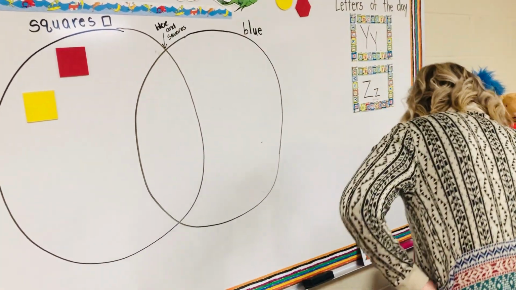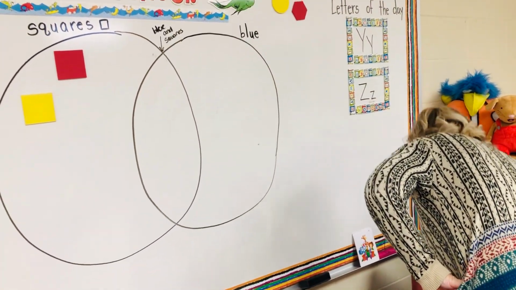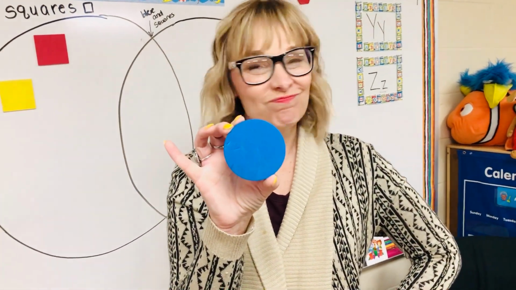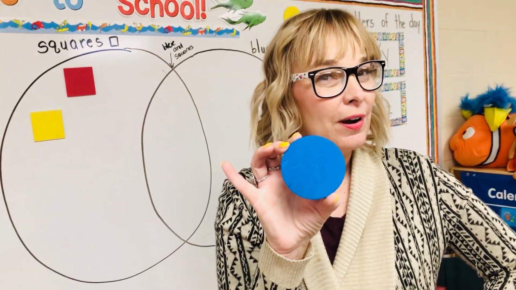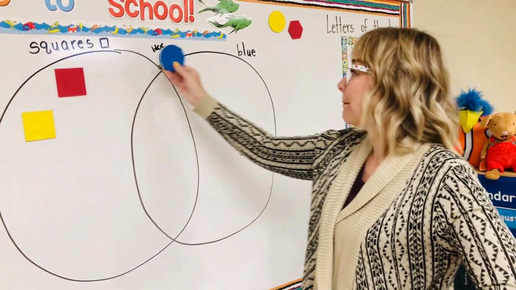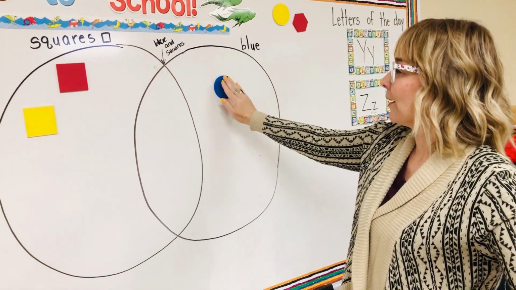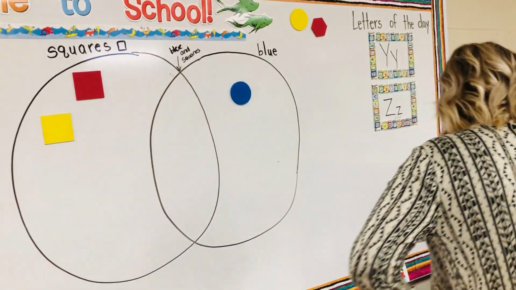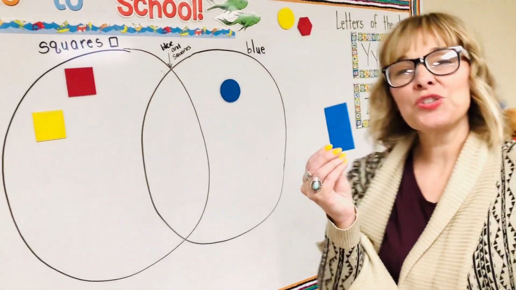All right, let's try this one. Ooh, is it a square? Is it blue? Okay, it's not a square, but it is blue, so I can put it over here. It can't go here unless it's a square and blue. Okay, got another one. Tricky, tricky, tricky.